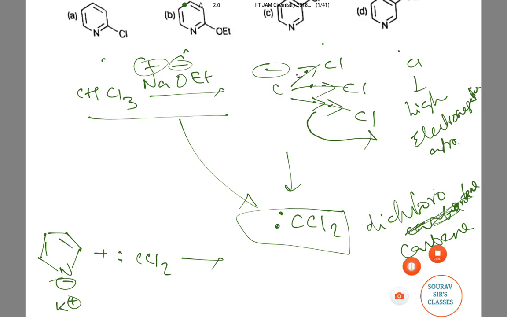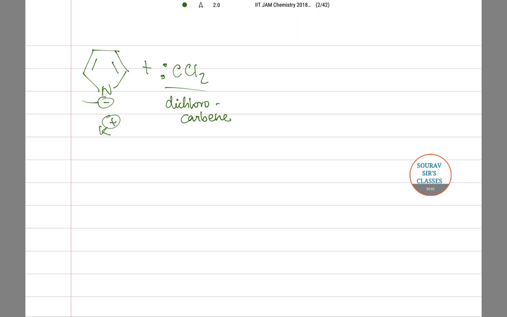So upon reaction with dichlorocarbene, which is a reactive intermediate, this bond will come over here, this bond will go over here, and this bond will come over here, and subsequently this negative charge formed over here will react with this carbon of dichlorocarbene and give us the product, which has a pi bond here and another pi bond here with a nitrogen here, and this bond has CCl2 attached to it, and subsequently this carbon atom has a negative charge over it because this bond has attacked over carbon, and there's a hydrogen present here.